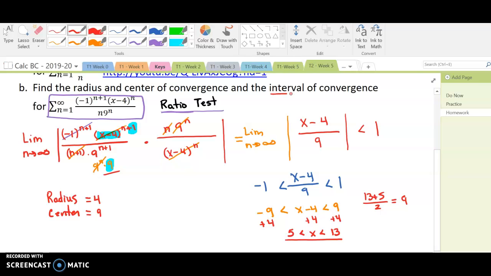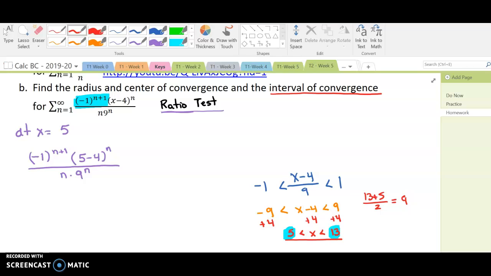Now, in order to find the interval of convergence, we're going to have to test our endpoints of negative 5 and 13 into the original series, including the alternating nature. So as we look at this original series, with 5 plugged in for x, we have 5 minus 4 to the n, and we have an alternating series.